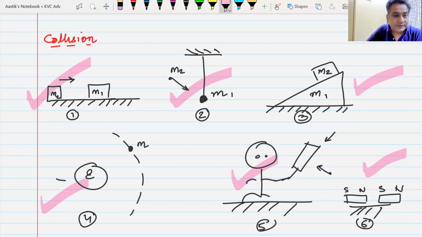So what is a collision? In short, what is a collision?